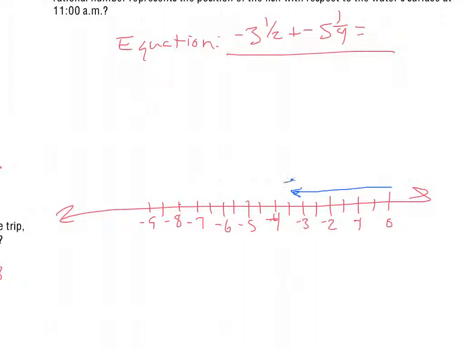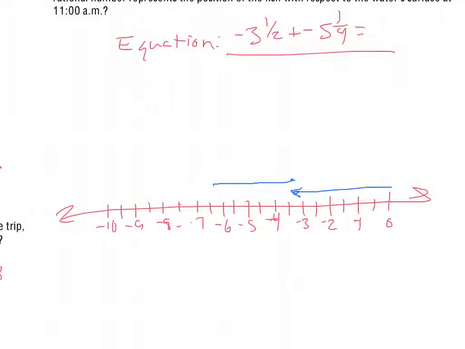So 1, 2, 3, and I see a problem with my numbering here. Fix this up a little bit. Negative 7, negative 8, 9, 10.